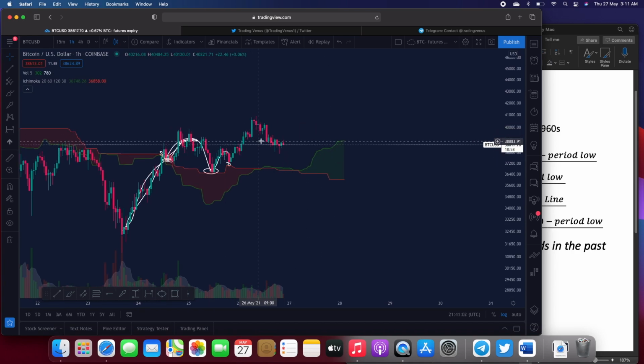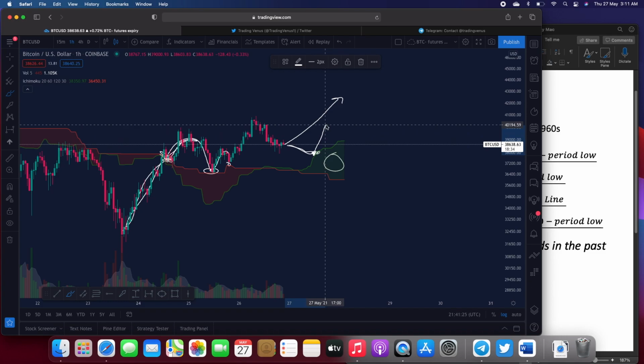So now we know that in the future we can expect the cloud, since it is above the price, to either go upside, or even if it consolidates, we can have a support here. And since the area is large, the probability of Ichimoku cloud providing us support and giving us a bounce is more.